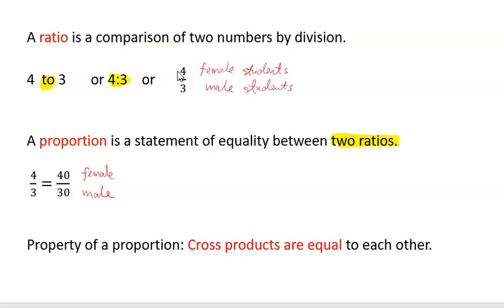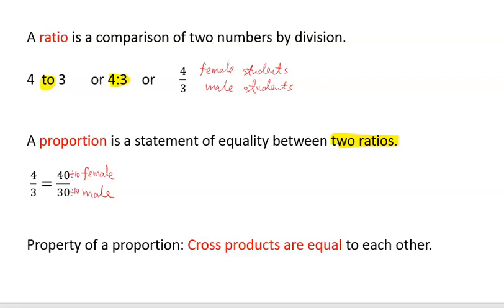But we know as a fraction, we can simplify it by dividing both the numerator and denominator by 10. So that's going to give us 40 divided by 10, that's 4, and 30 divided by 10, that's 3. After we simplify 40 over 30, we should get 4 to 3. So that means they are equivalent.